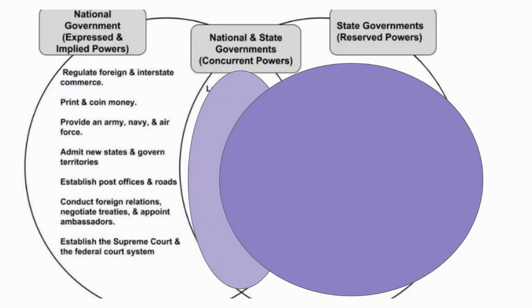So, some expressed and implied powers of our national government: regulating foreign and interstate commerce, that means business, the printing and coining of money, providing for an army, navy, or an air force, the admission of new states and governing the territories that we establish, establishment of post offices and federal highways, conducting foreign relations and negotiating treaties and appointing ambassadors, and then finally the establishment of the Supreme Court and all of our other federal courts.